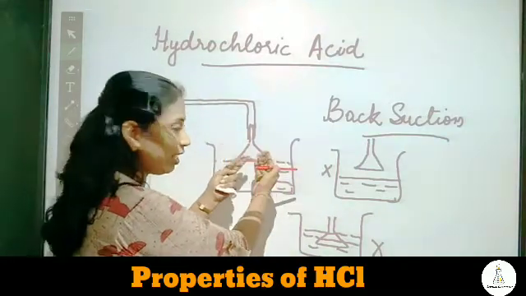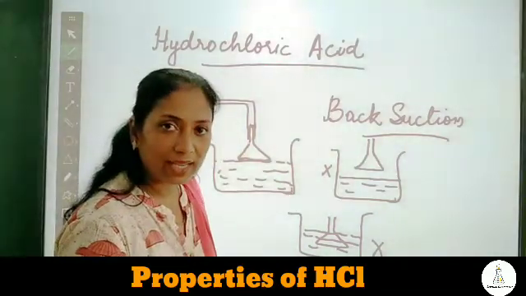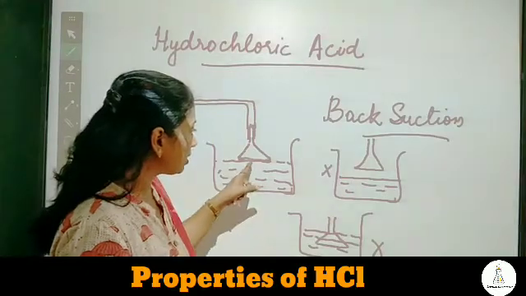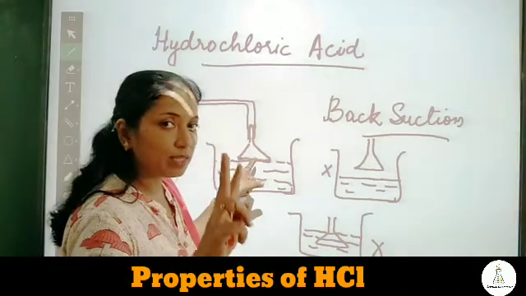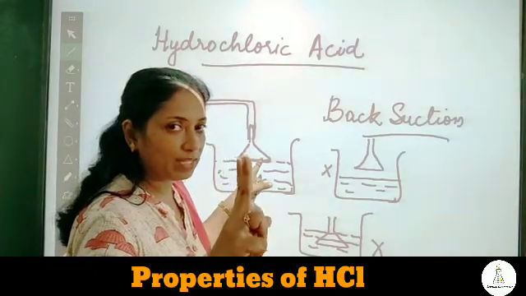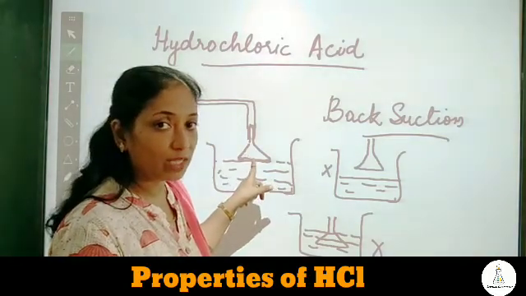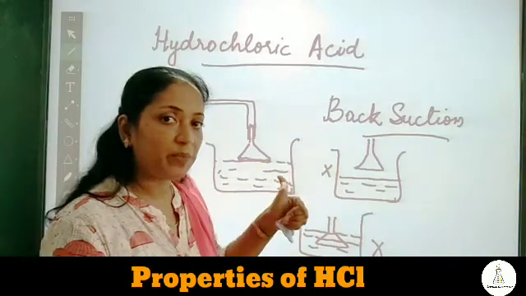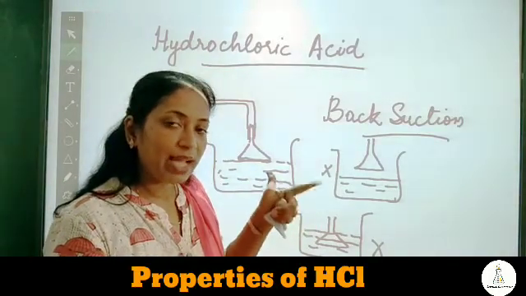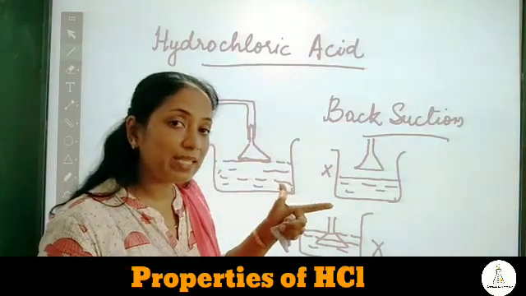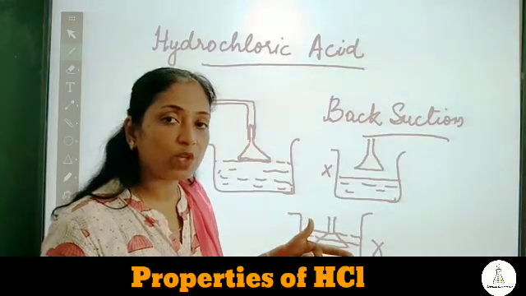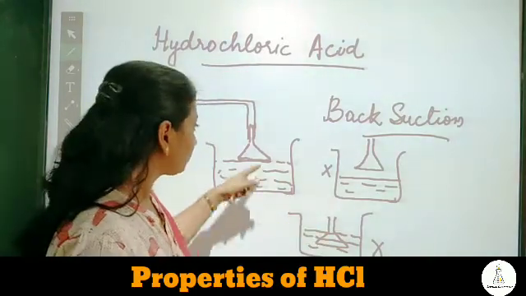Here there is more area for absorption of the gas. So there are two advantages of using this funnel arrangement: one, it minimizes back suction, and two, it provides a larger surface area for absorption of the gas.